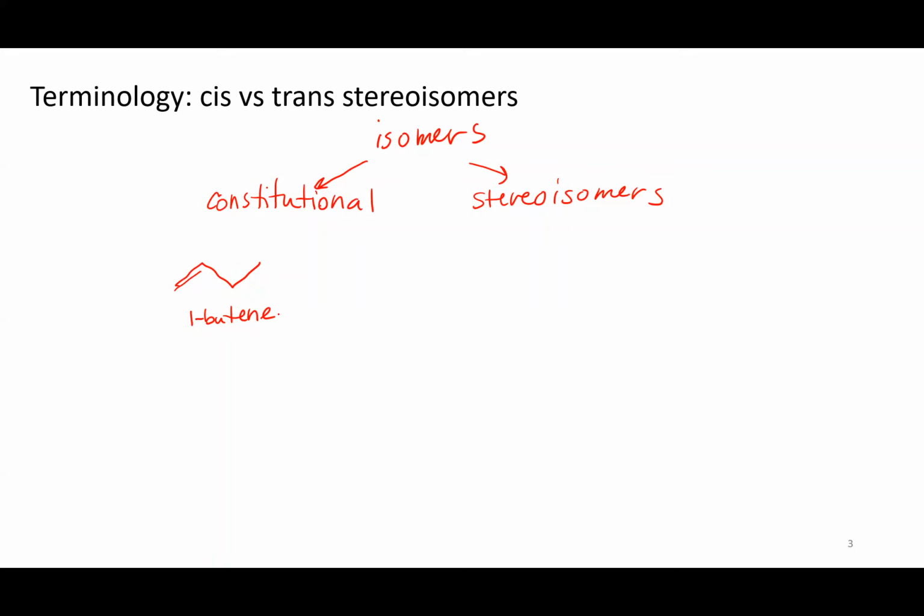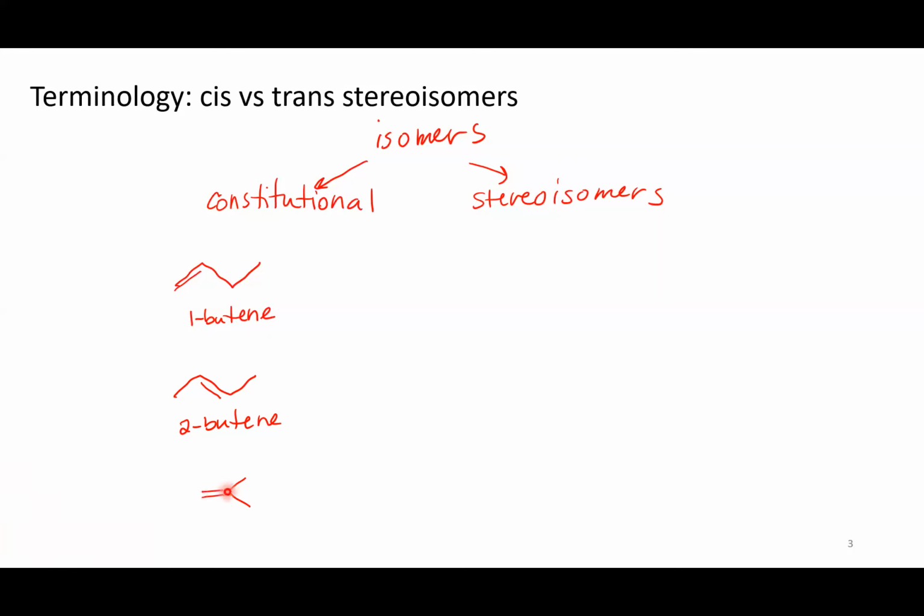I can draw a constitutional isomer of this, where now I can put that double bond between the second carbon and the third carbon. If I do that, it will look like this. This is called 2-butene. It is just a constitutional isomer of the first one. Lastly, I can draw something like this, where I still have 4 carbons.